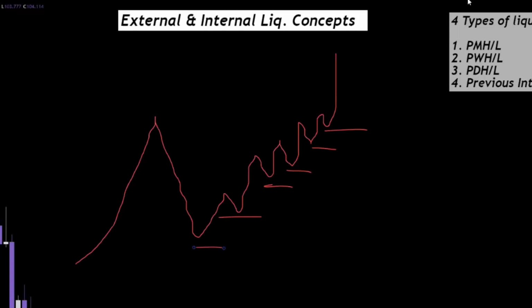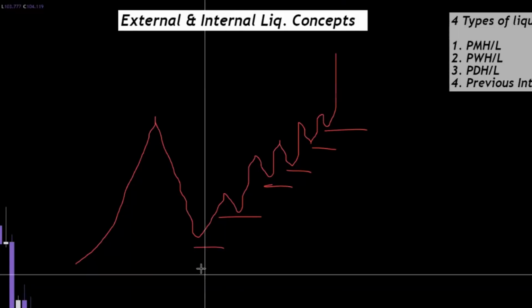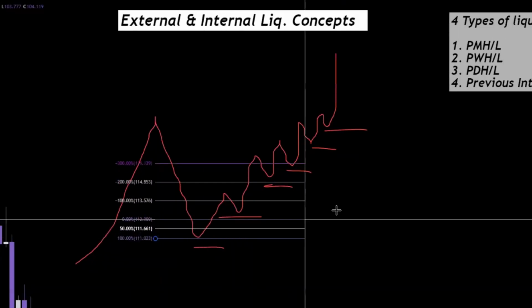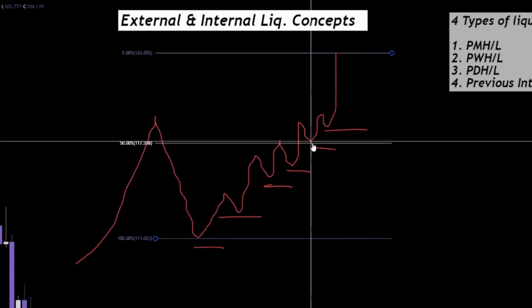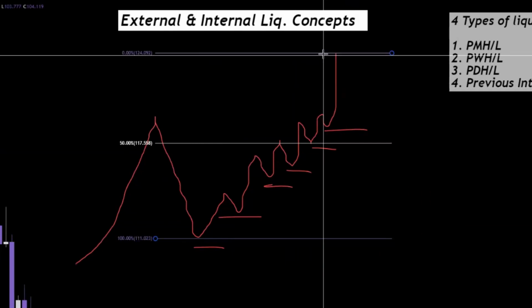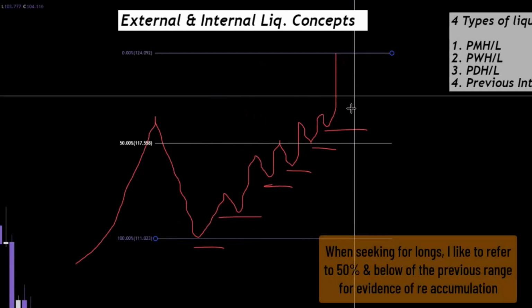And how I personally use it is a little bit different. So how I've been taught to use it or look for is seeking for internal liquidity 50% and below when looking for a bullish expansion.